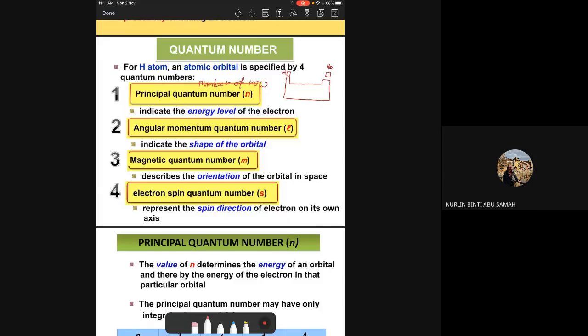So as you can see that the energy level kita boleh refer kepada periodic table. That's why when we refer to periodic table, it's not just the elements and the molar mass and atomic numbers. Okay, so it does explain about the energy level also.